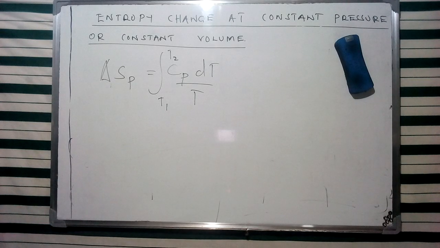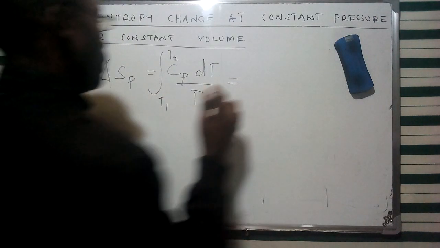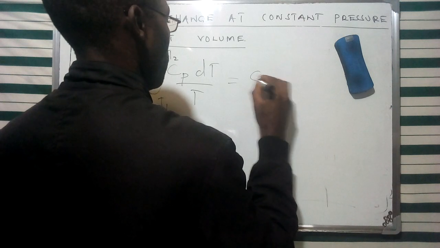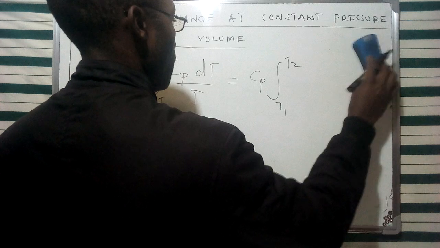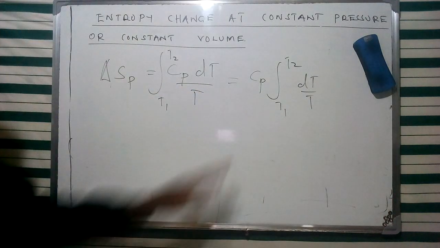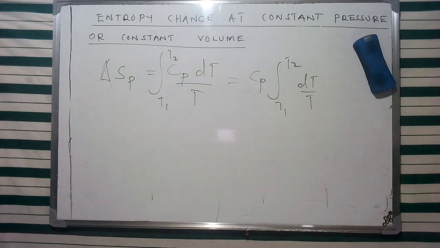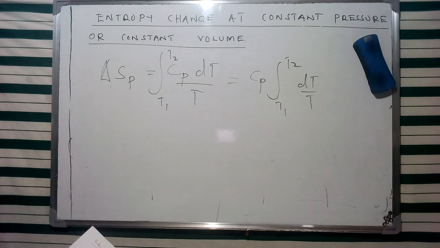Therefore, this is going to be given in terms of an equation, where Cp is a constant. So in terms of our integrals, this is going to be Cp, the integral between T1 and T2, of dT over T. So for us to perform this and find an evaluation, we're going to take this change in temperature as the natural logarithm of T2 over T1.